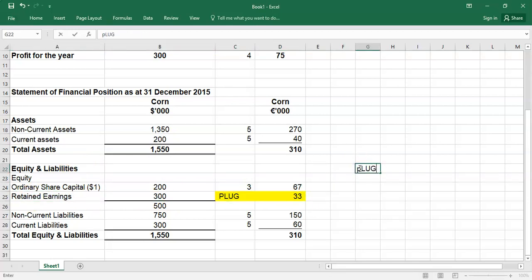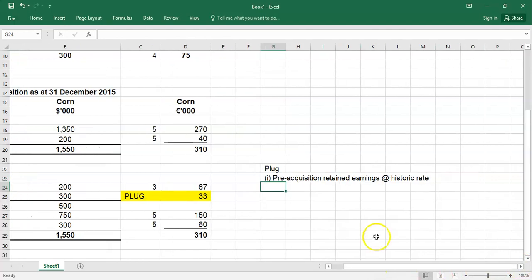The plug consists of, number one, pre-acquisition retained earnings at historic rate. So that's the first thing that's in there. It's any retained earnings at the date of acquisition. Now in our case we'd have nil, but the principle will hold for every other question.